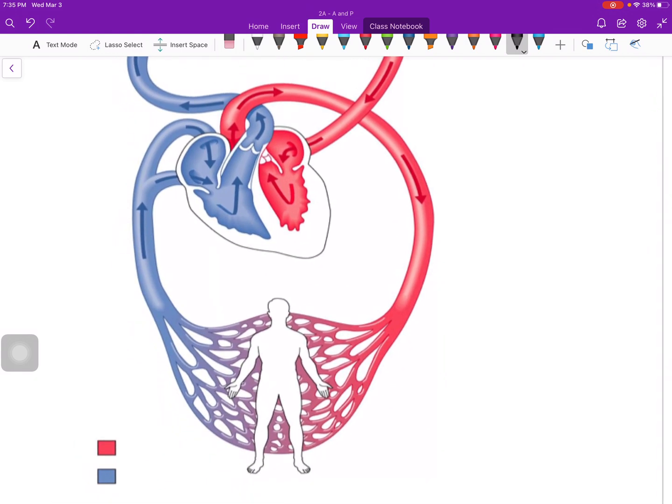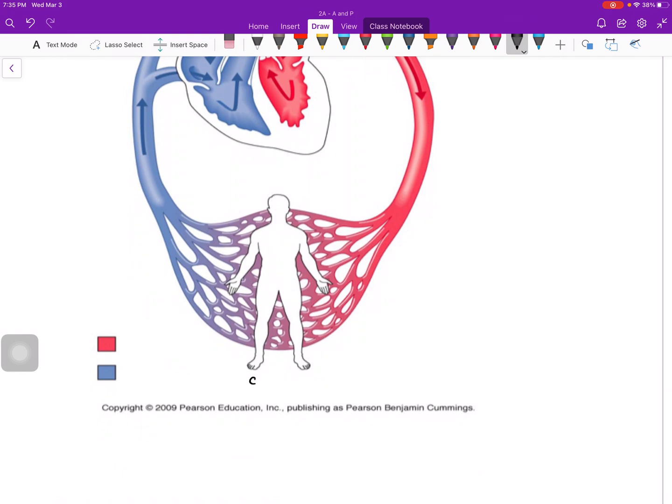So when you have gas exchange, you are dropping off oxygen-rich blood for oxygen-poor blood, or vice versa. If it's in red, this is oxygenated blood. If it's in blue, it's deoxygenated blood, or oxygen poor.